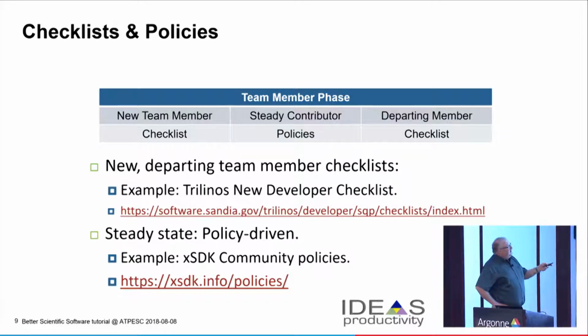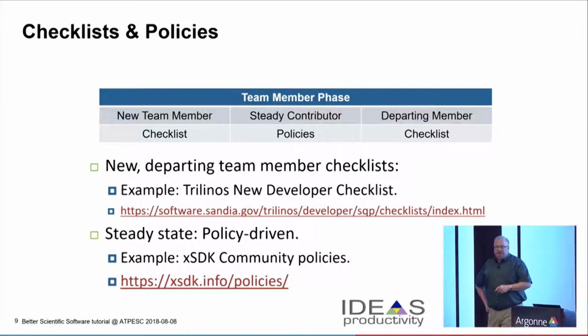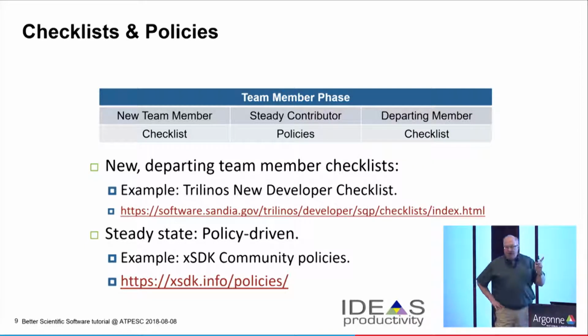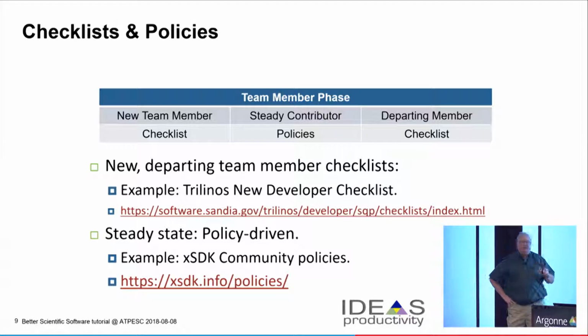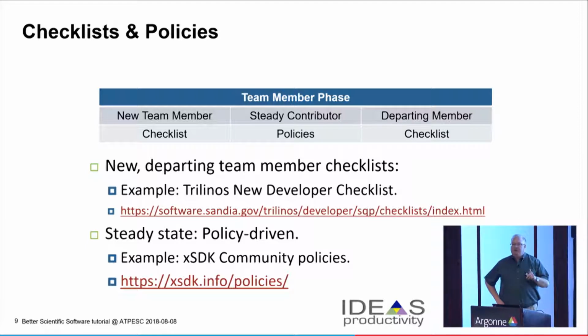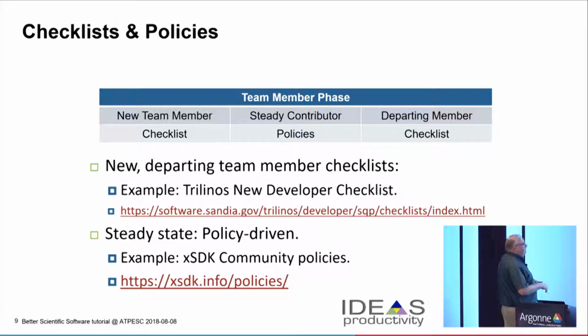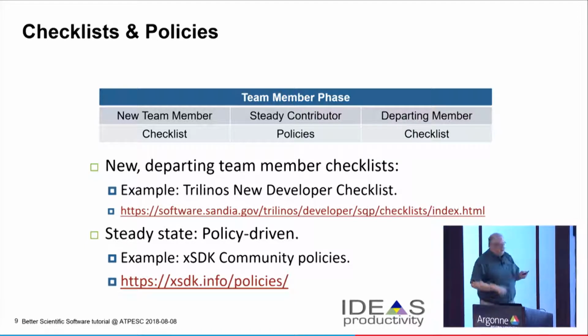In the steady phase of the project, you might want to set some policies that everybody is expected to observe. And then for a departing member, you might want to have another checklist to go through. And I'll tell you, this ties in with what Jared was just talking about. Policies and checklists are a way of reducing complexity, right? Because the more things that are in your head about the way things should work and not written down and not discussed and not agreed with the team, the more complexity you're introducing into the project. So you want to get these things out there, right?